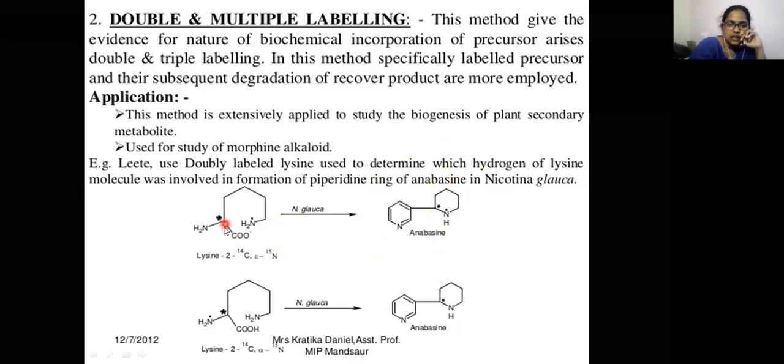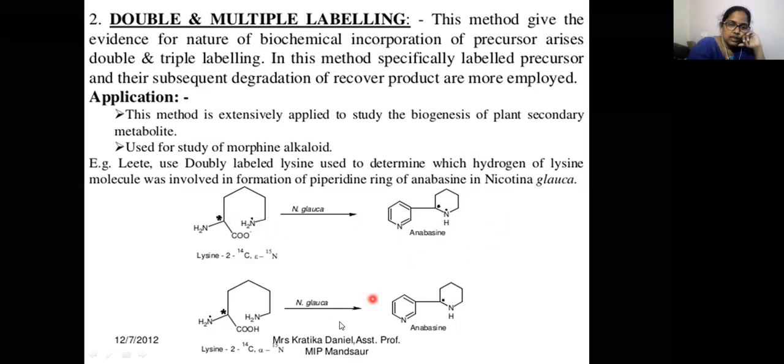That means this carbon dioxide, the COO group, is removed, and it is forming a bond. So the C2 and the amino group present on the C6 are directly involved in the formation of the piperidine ring.